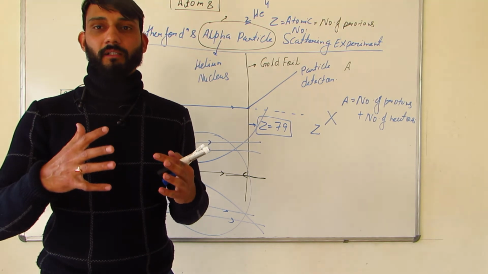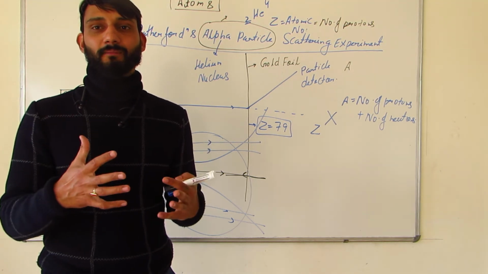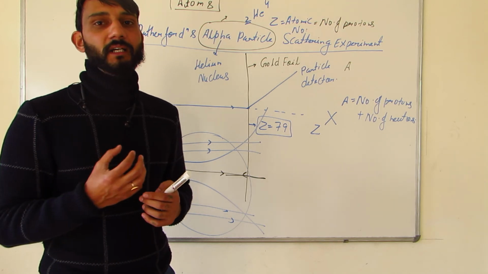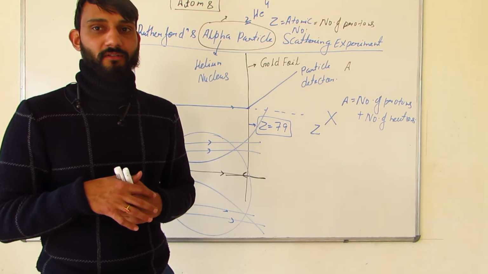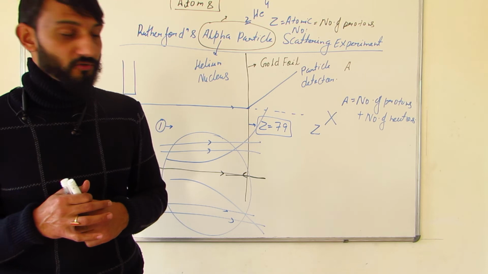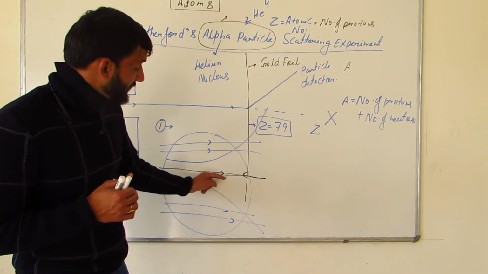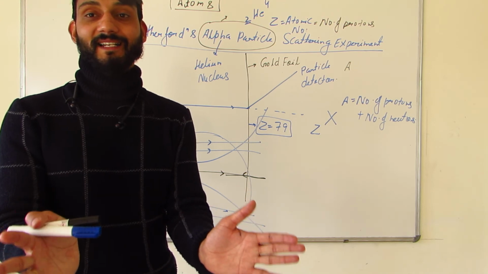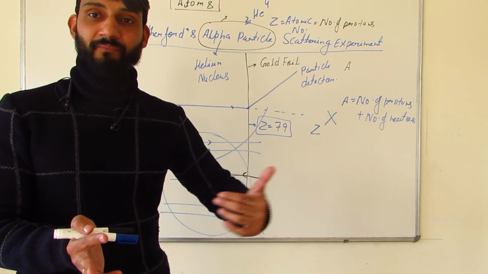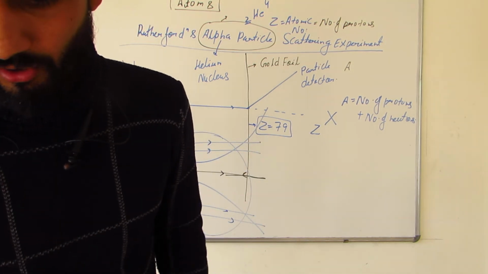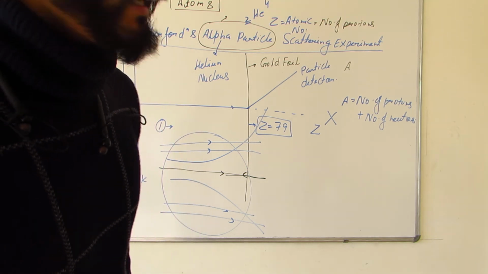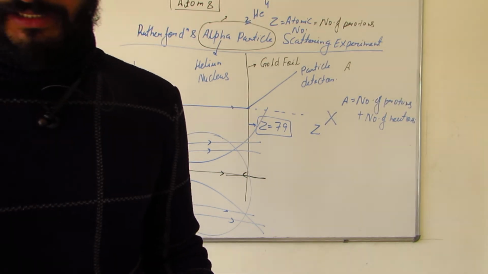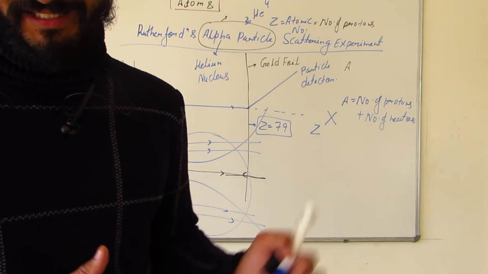So the total mass and total positive charge of the atom is concentrated at a point, and we know that point is known as the nucleus. That's why these particles were either deviated to a great extent or deviated backwards. So these were the three important observations and their conclusions from this experiment.